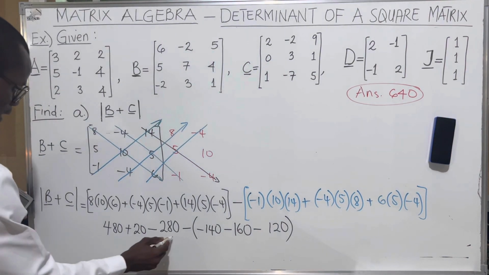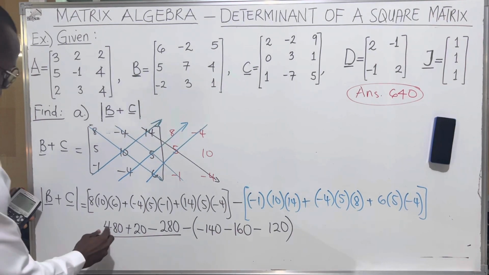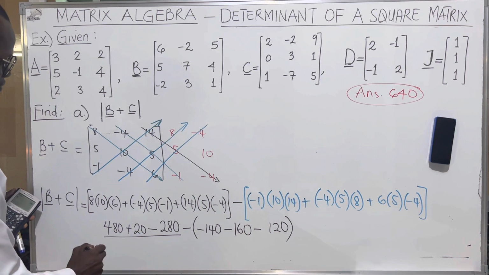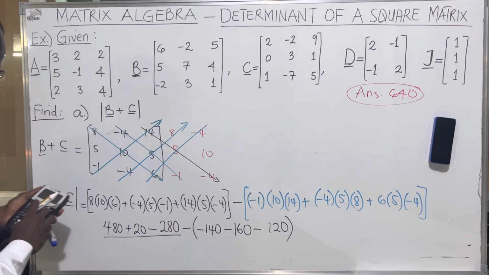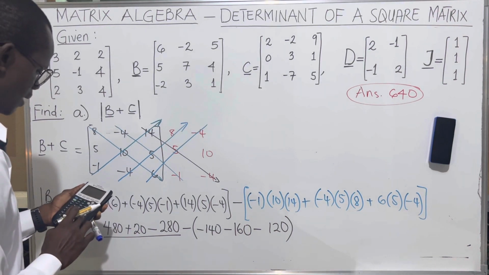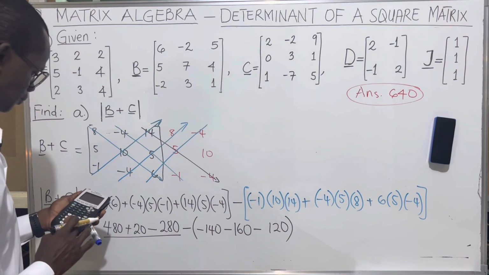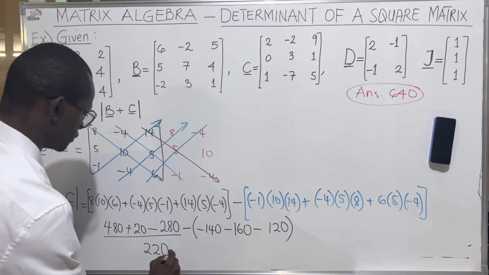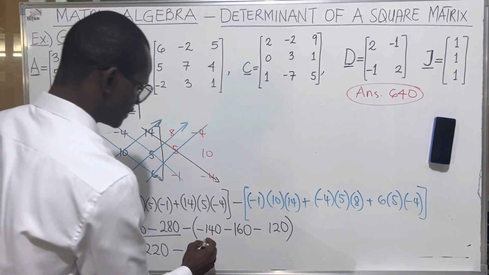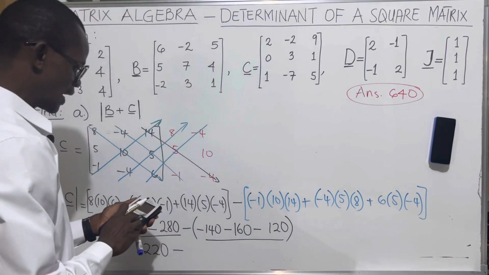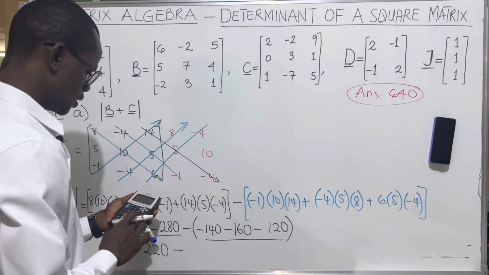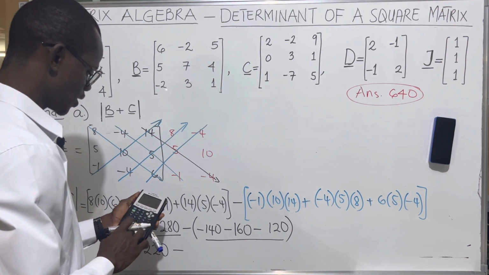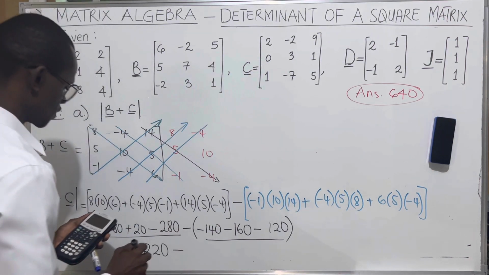So we add 480 plus 20 is 500. So 500 now minus 280 gives us 220. Then we have a minus sign here. So the signs all here are the same, so we can add all of them. 140 plus 160 plus 120 will give us 420.